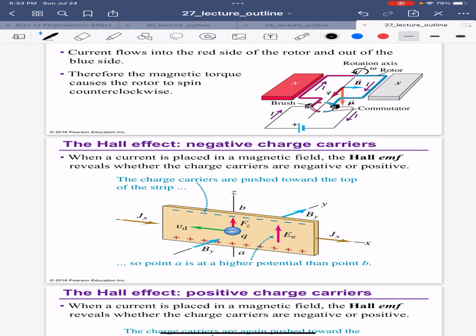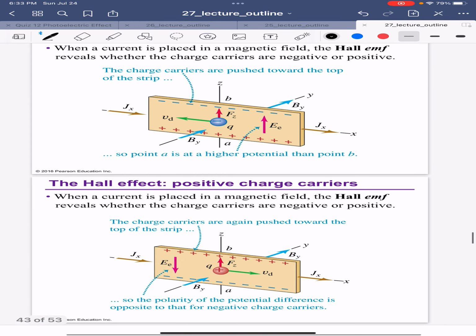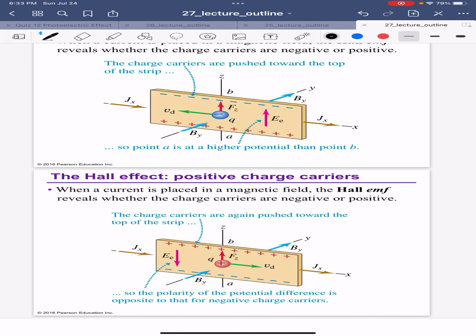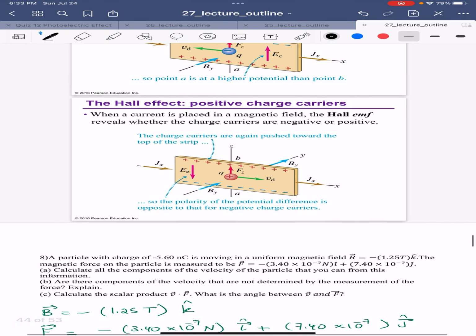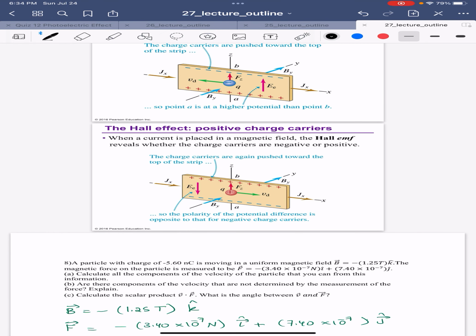EMF, remember, is electromotive force, and it reveals whether the charge carriers are negative or positive. I would say this is one of the most important and famous experiments in physics, where it shows us where we're going to have a higher potential, and therefore we will be able to determine the sign of the carrier or the particle.